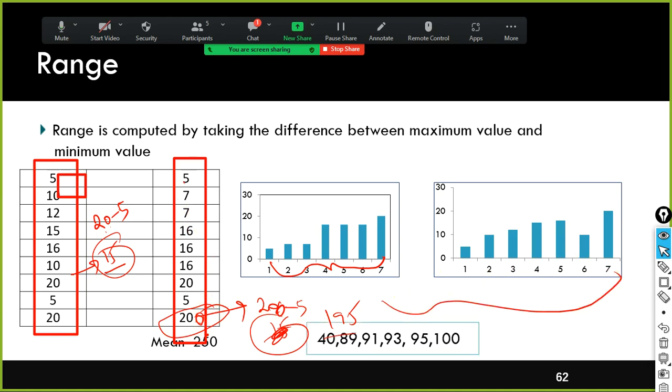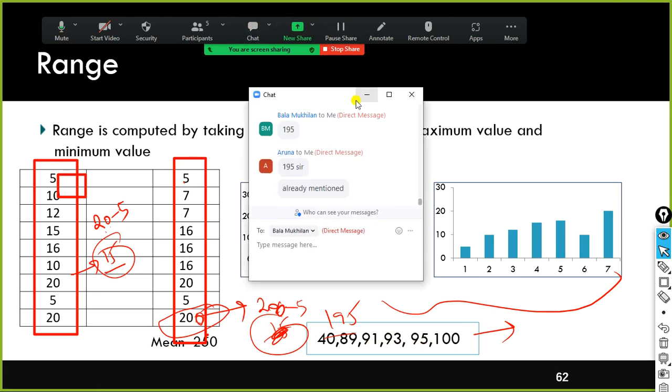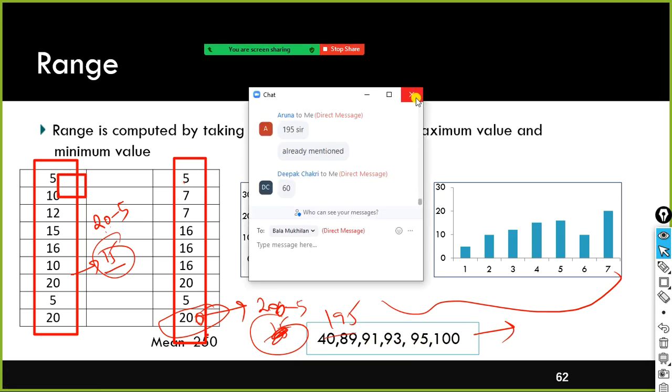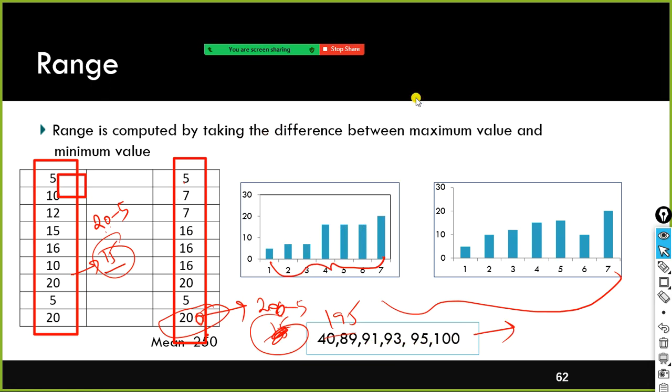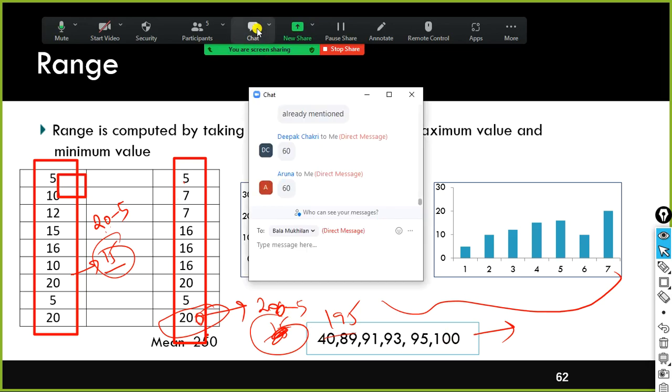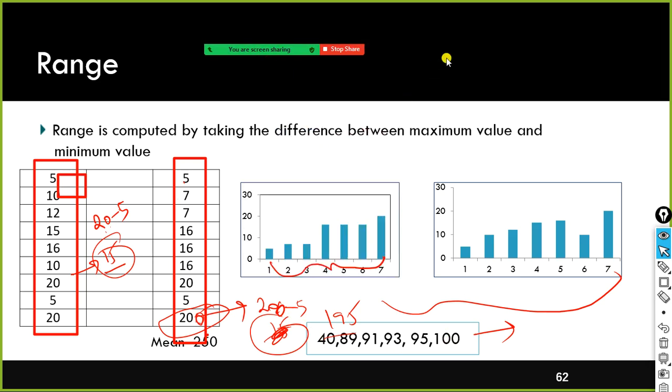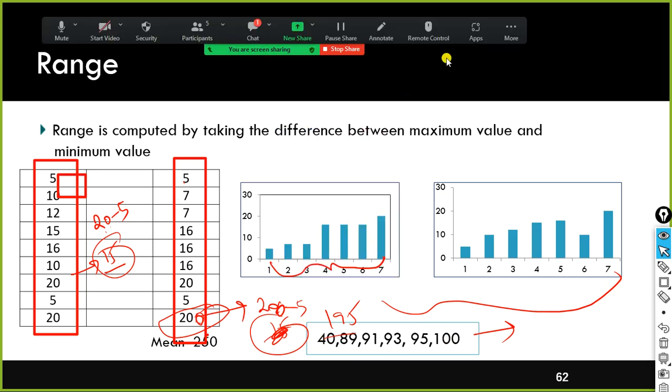Let's take another example. Now you tell me what is the range for this data set. All of you please type it in the chat window quickly. Time is precious. Yes, Deepak is faster. How about others? What is the range for this data set? 40, 89, 91, 93. Yeah, 60, right? Correct. The maximum value is 100, the minimum value is 40.